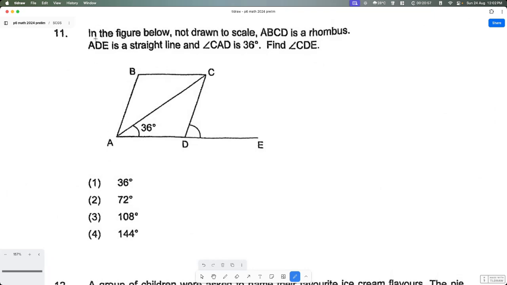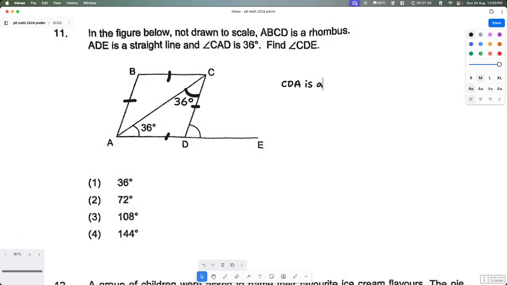In the figure below, not drawn to scale, ABCD is a rhombus. ADE is a straight line and angle CAD is 36 degrees. Find angle CDE. We know that all of the sides are the same. Since this is 36, this is also 36 degrees. Then we can find angle CDA.